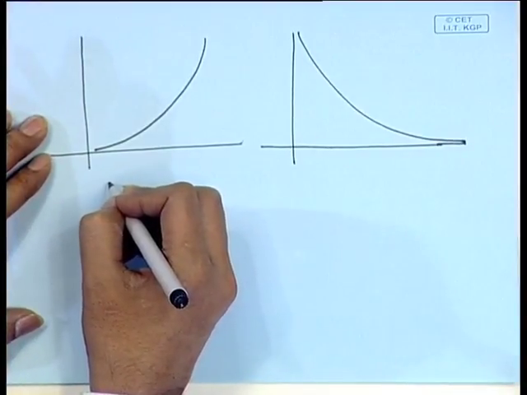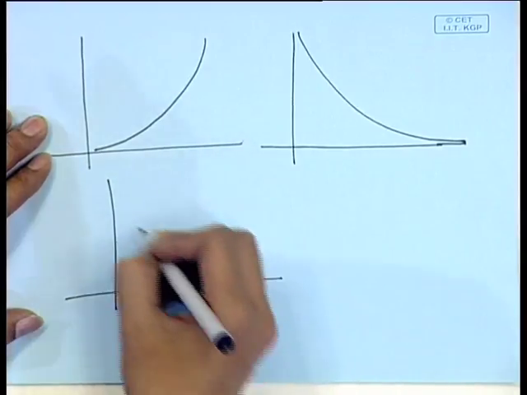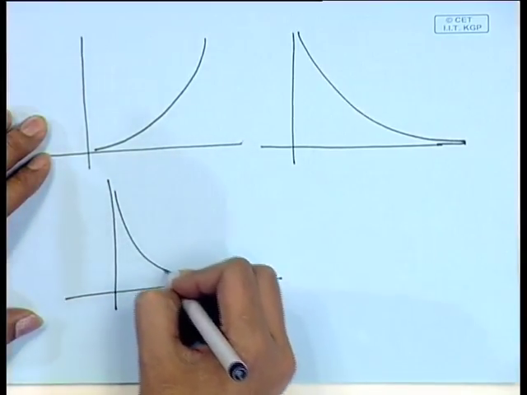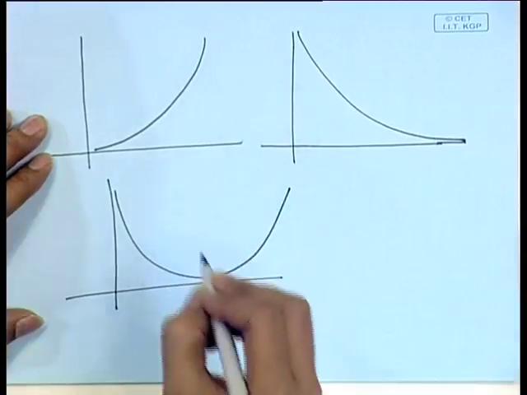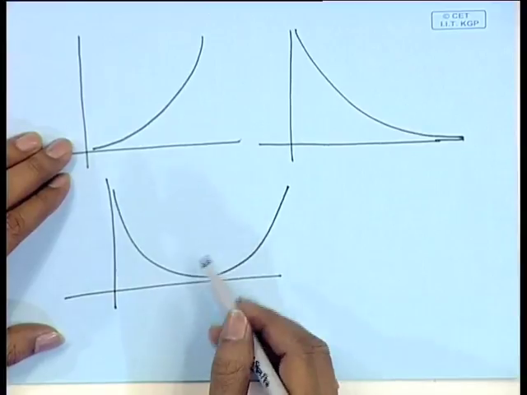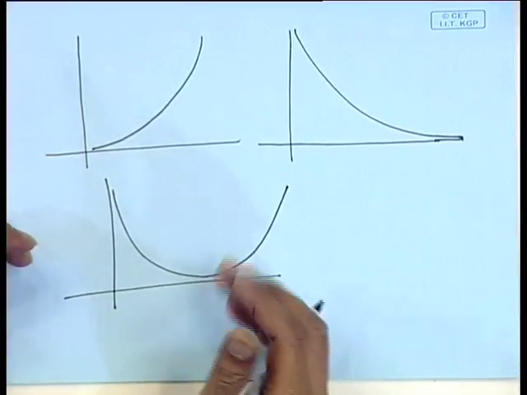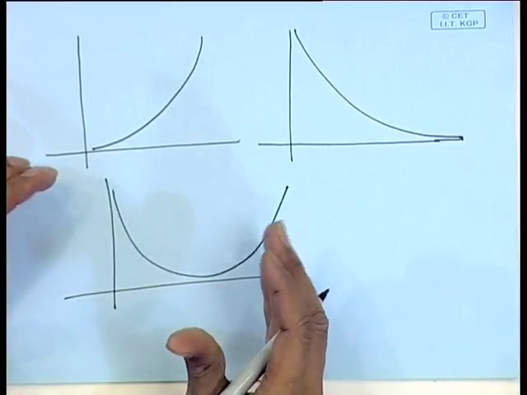Another unusual type of distribution is something like a U shape. A U shape curve is quite uncommon, because here it shows that in the middle the value becomes very low and at the ends the values become higher.